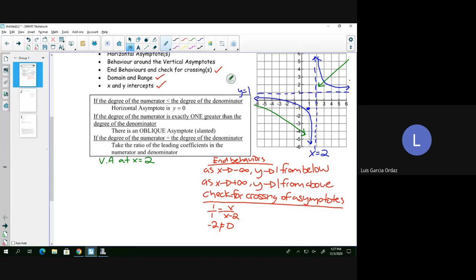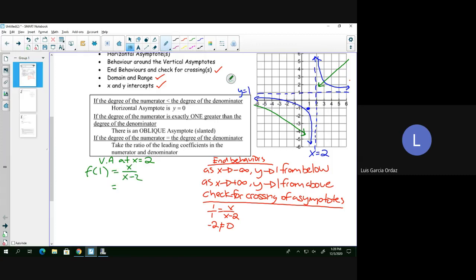So can somebody give me a number that is to the left of 2? So when I say a number that's to the left of 2, that means a number that comes before 2, so 1. Let's just take f at 1 is equal to x over x minus 2.